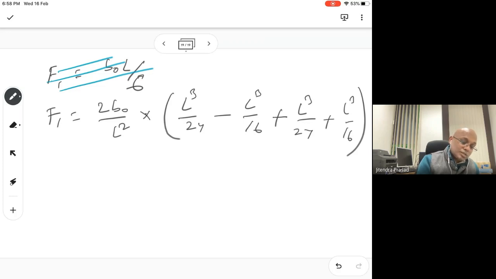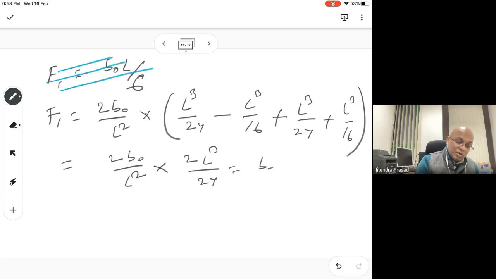So it is equal to 2b naught over L square, then we have 2L cube over 24. So we have b naught L over 6 only. So here also we get the same value, it looks like.